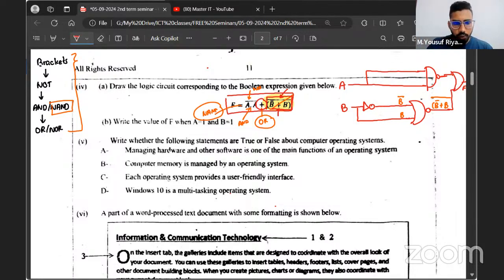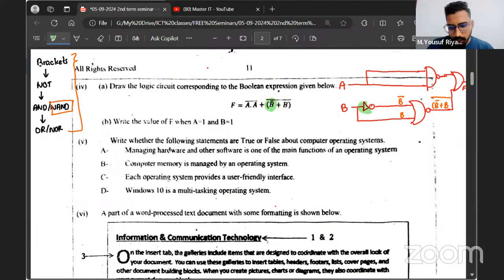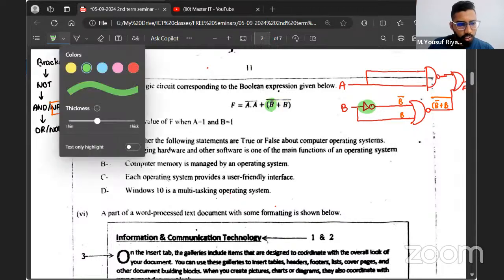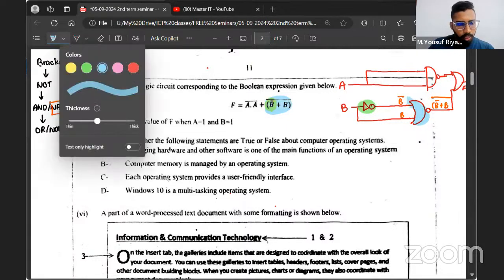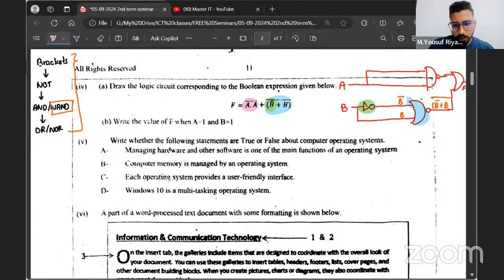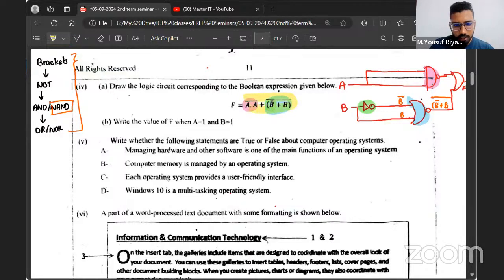Are you all clear on how I drew this, yes or no? This whole section is done by this, this part is done by this, and the overall F is done by this.